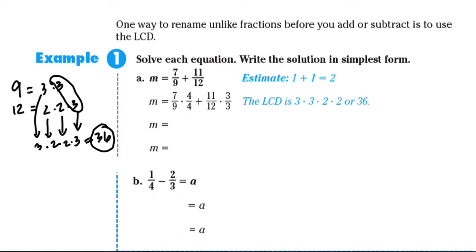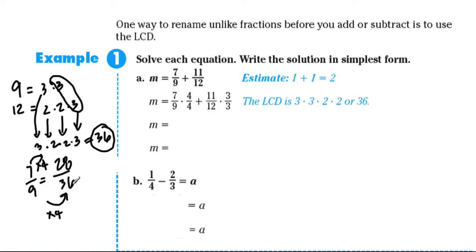So now we have 36 as our denominator. Finding an equivalent fraction of 7/9 which will have a denominator of 36, we simply multiply this by 4, and we need to multiply this by 4 as well. If you're multiplying by 4/4, you're multiplying by 1.